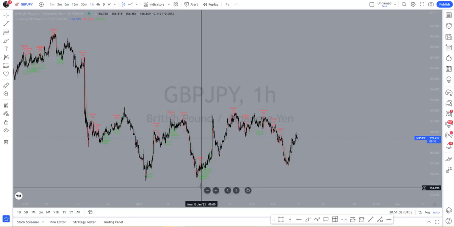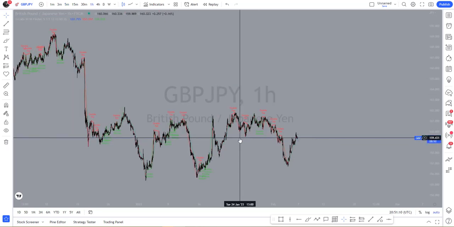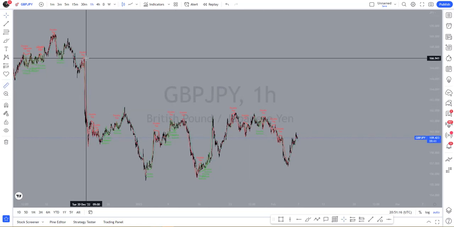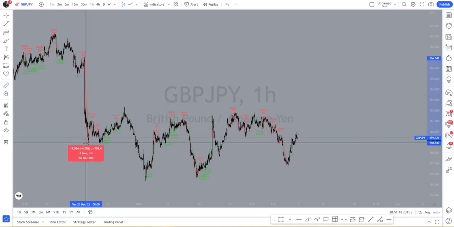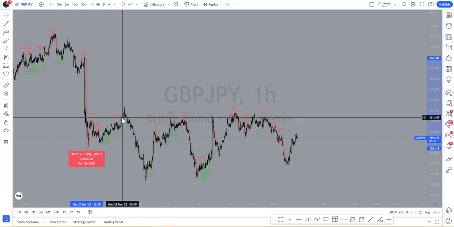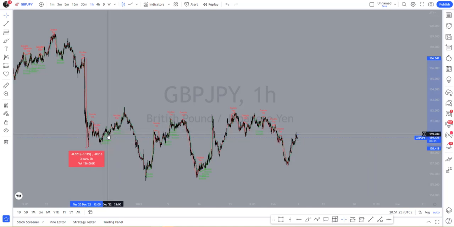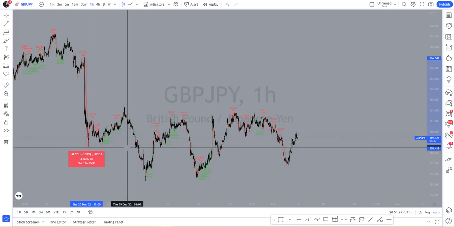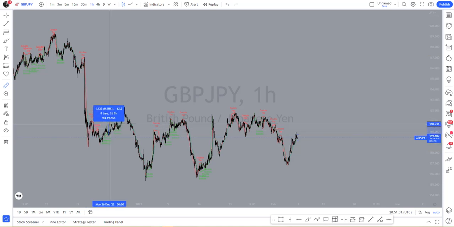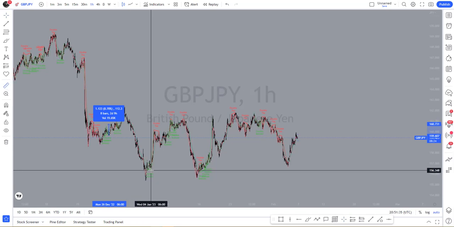Obviously when you get into the higher time frames, many of these are much more significant than the lower time frame ones. For example, this one over here would have helped secure 800 pips. These ones here, a little bit smaller. But yeah, some of these swings are still 100 pip moves, so they're nice big moves generally.